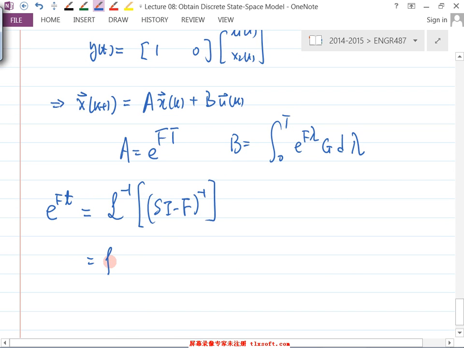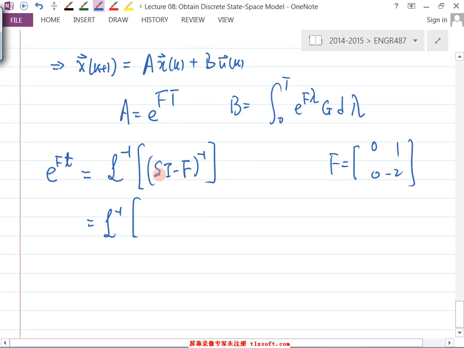So let's see. Inverse of what, sI minus F? F is 0, 1, 0, negative 2. So what do we get? It's a matrix. So s times identity matrix minus this chunk here. So what should we have? It's s here, negative 1 here, 0 here, s plus 2.